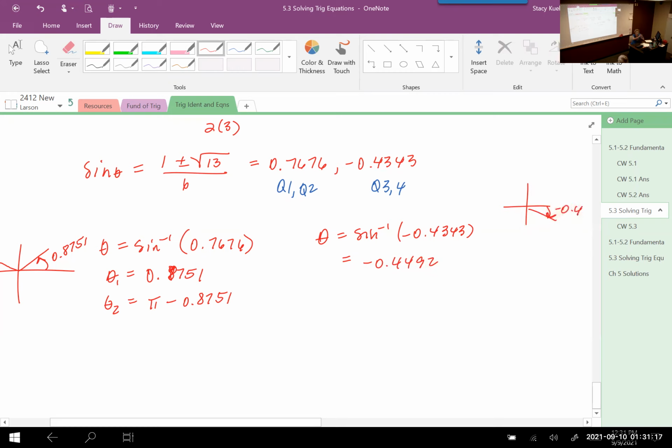That is a negative angle, yet I want the positive angle from the third quadrant. So I would take pi plus 0.4492, and 2 pi minus 0.4492.